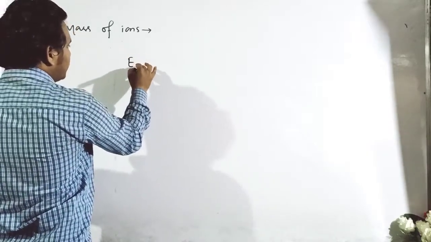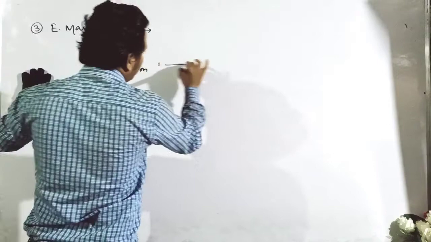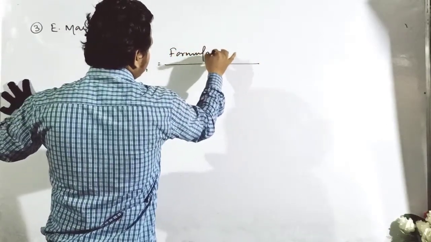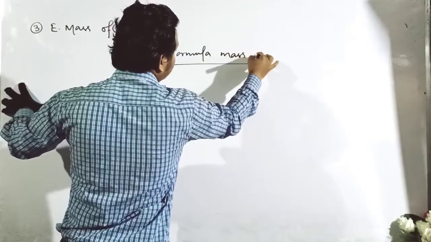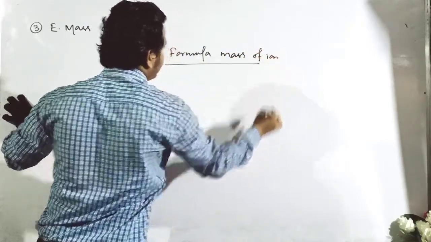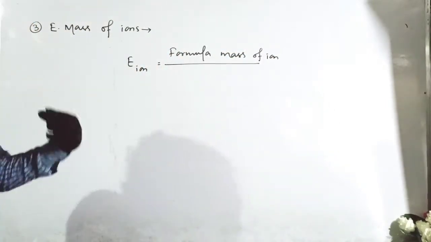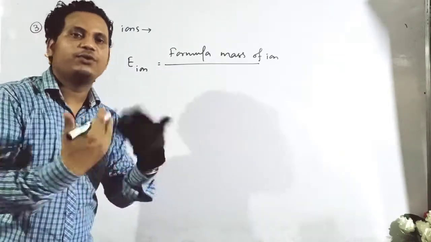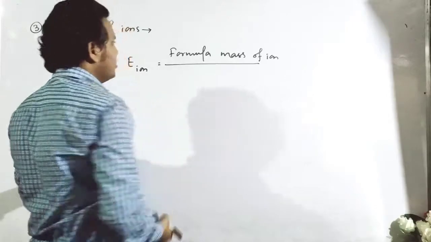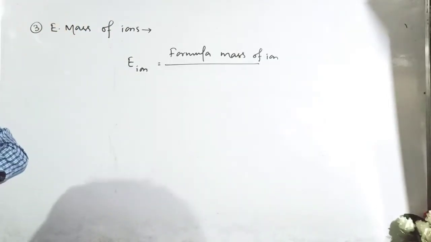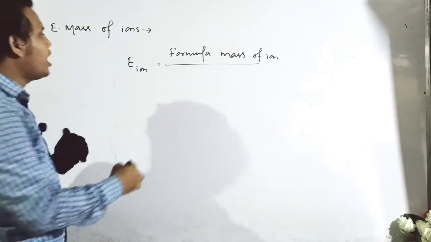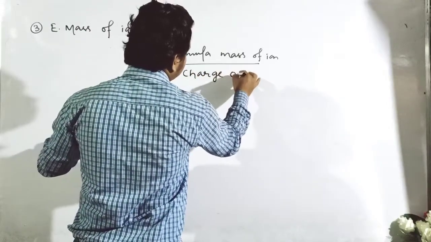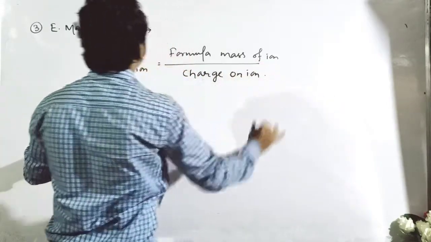So equivalent mass for an ion, the formula is formula mass of the ion, whatever ion is given. The formula will be given. Formula mass by ionic charge, or charge on ions.